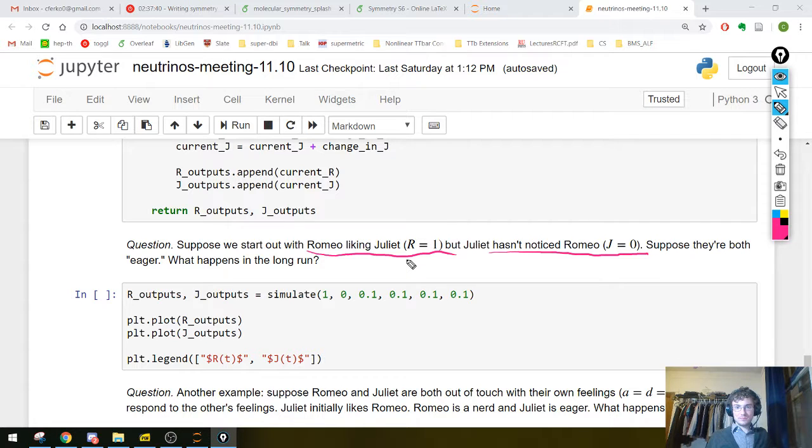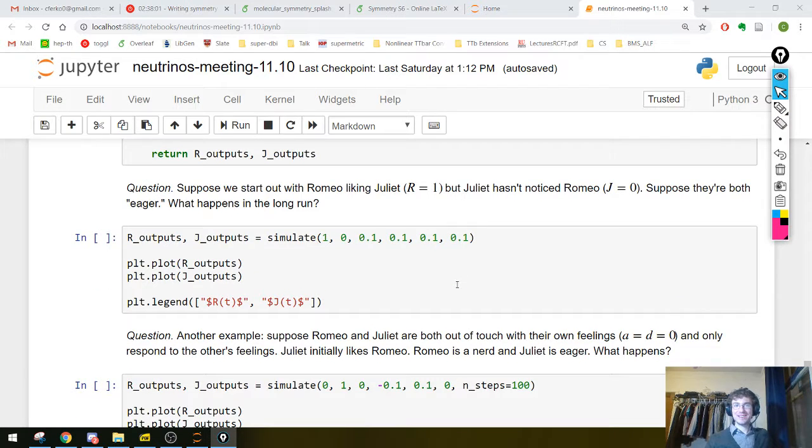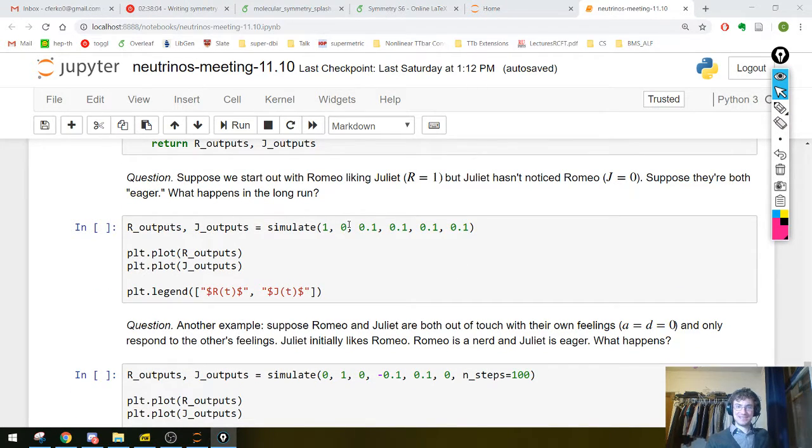Well, Romeo starts liking Juliet. Juliet sees that Romeo starts liking her, so she starts liking him. And then vice versa, Romeo sees that Juliet likes him, and so he likes her more, and then Juliet will like him more, and so on and so forth. Good. Yeah, we get a feedback loop where they're both feeding off of each other's love and their own love as well.